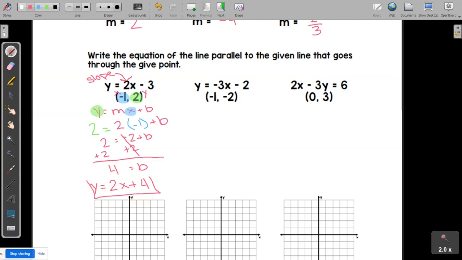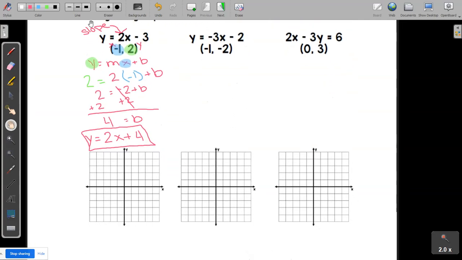So this line is parallel to our original line. So let's graph the two. So let's do our first line. We're going to graph y equals 2x minus 3. When we graph it, we're going to start with -3. Go down to -3.